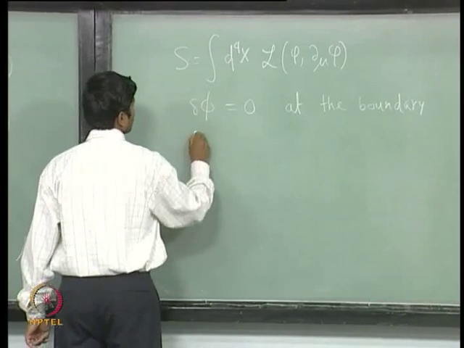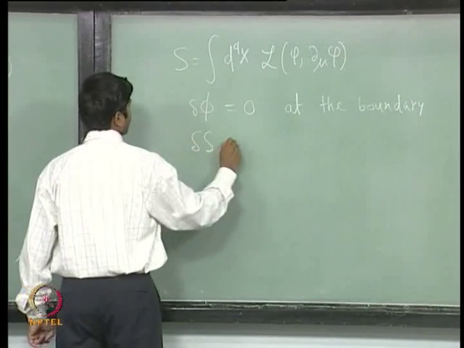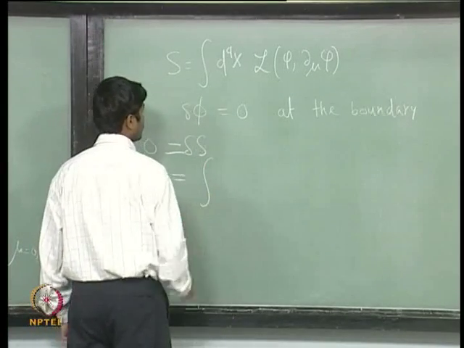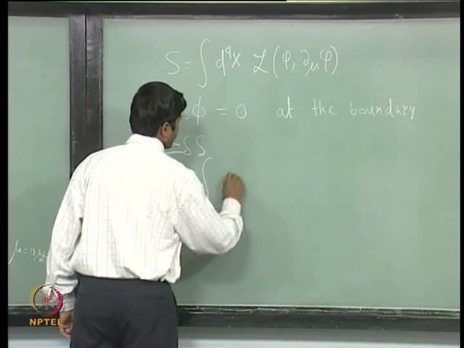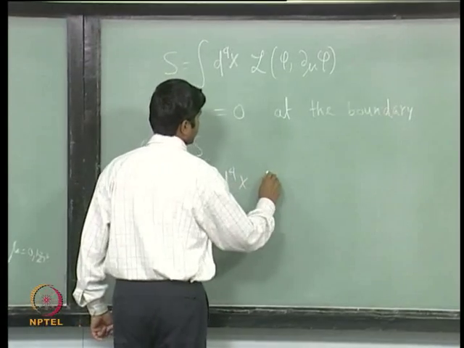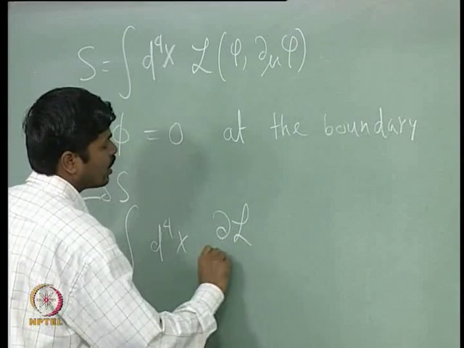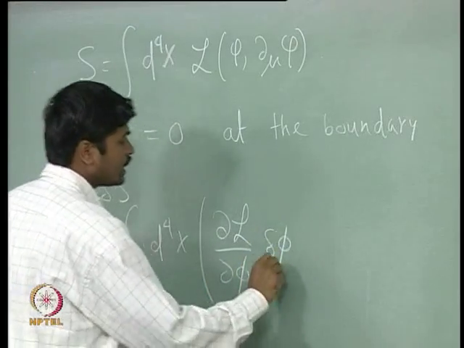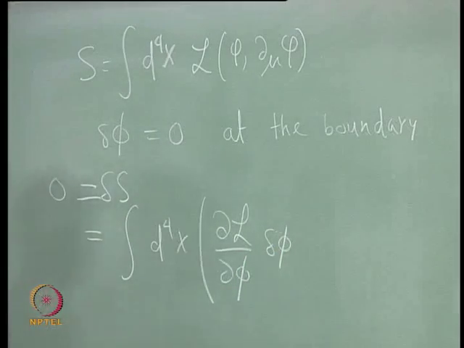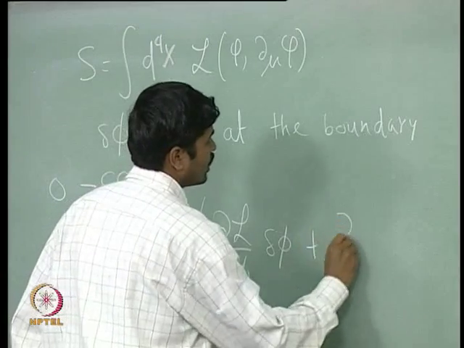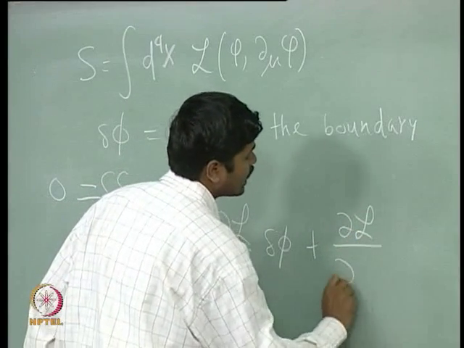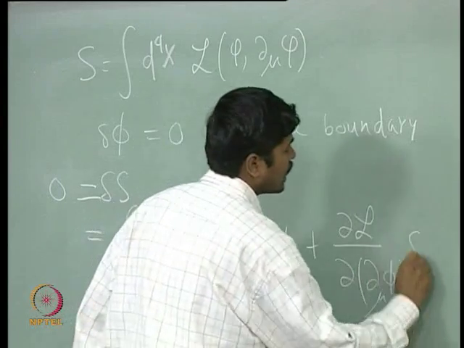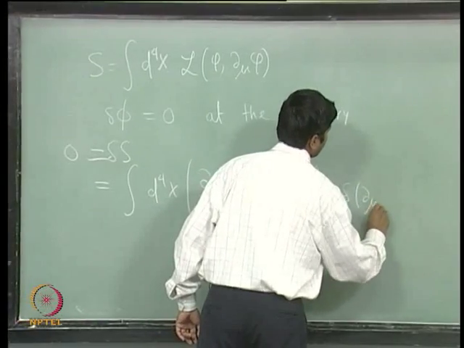So, by setting delta S to be 0, delta S is equal to the integration over d4x of del L over del phi delta phi plus del L over del of del mu phi delta of del mu phi.